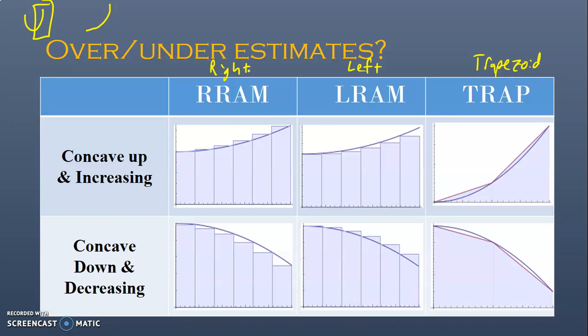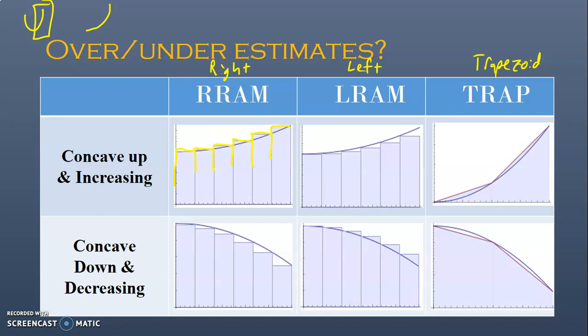Now if we look at a right Riemann sum, so if I use the point on the right side to draw rectangles, which is what we've done here, each of these rectangles is going to be bigger than the curve or the area underneath the curve as long as it's increasing.